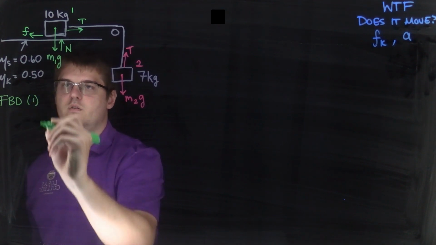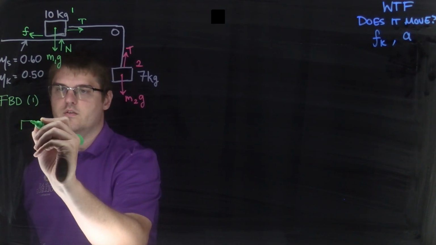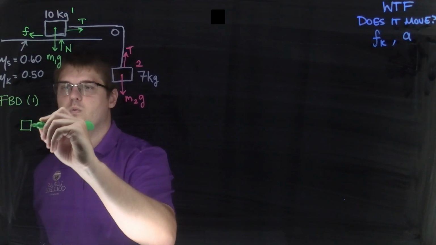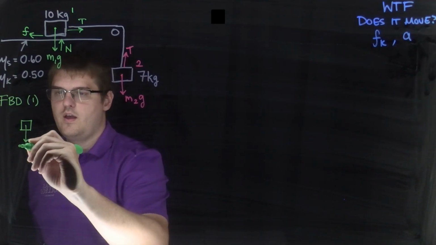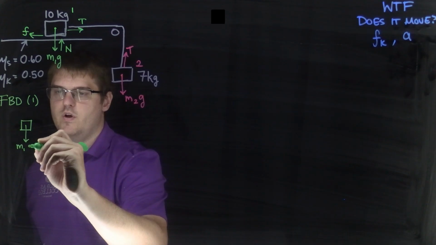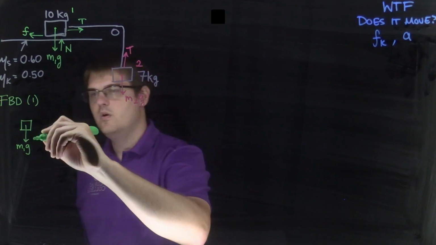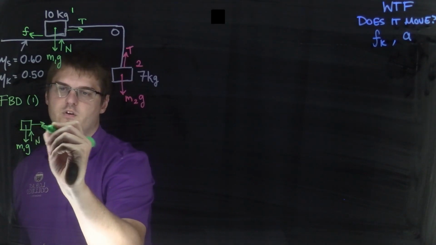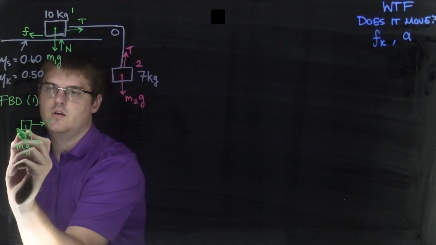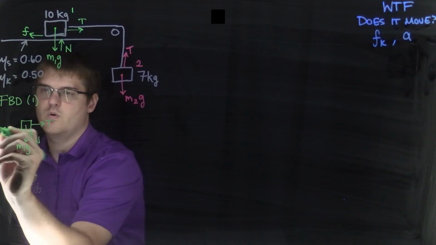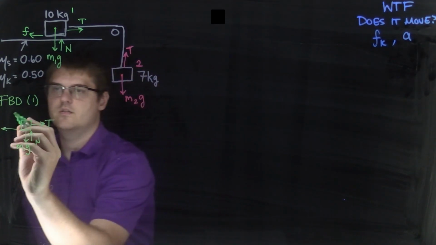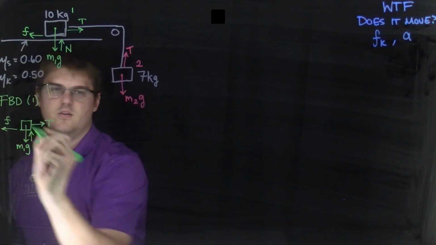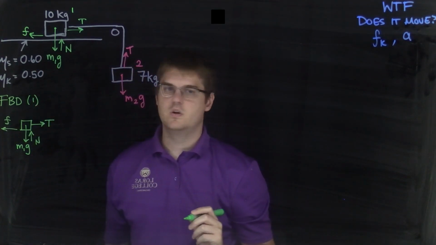So I'm going to do my free body diagram of block 1. It's going to look like this little cube. We're going to have a mass of 1 times gravity going down. We're going to have a normal force going up. We're going to have tension going to the right. We're going to have a friction going to the left. And that is off the page, so let me rewrite the friction. There we go.